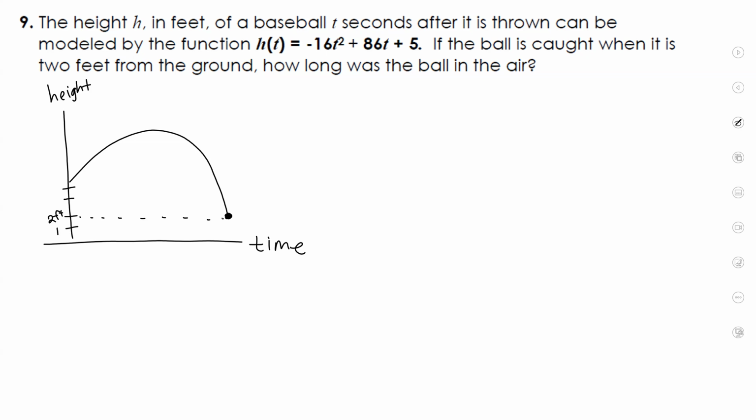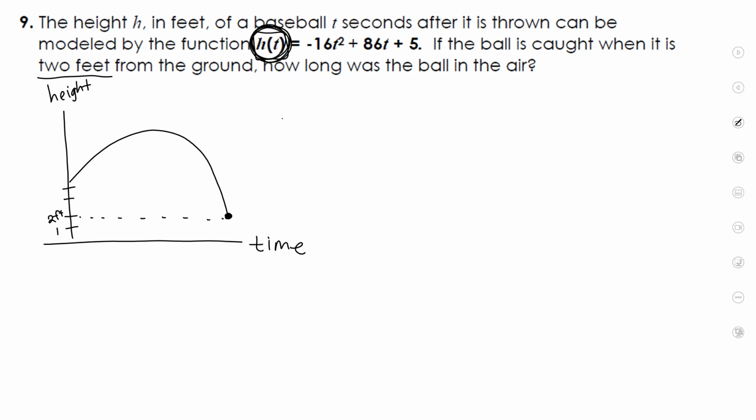Here's the formula for height. If it's caught at 2 feet, they're telling you the height is 2. What should you do? Show me on your paper how you're going to do it. They're telling you that the ball was caught when it was 2 feet from the ground, so they're telling you what the height is.